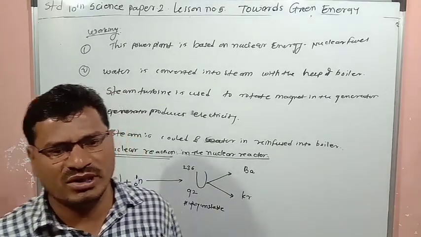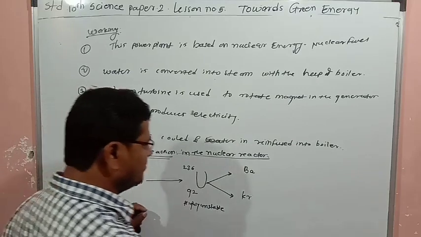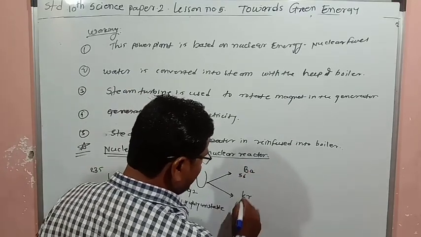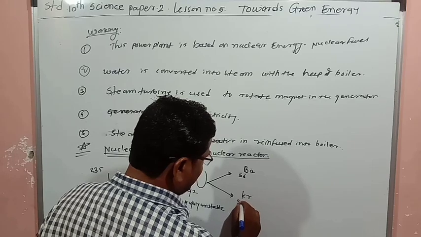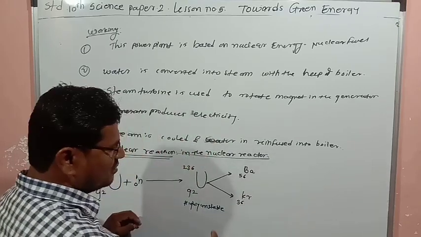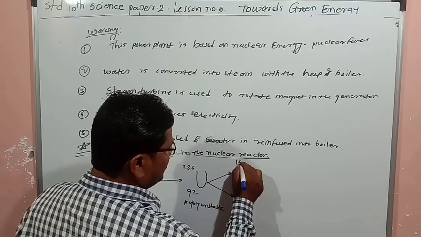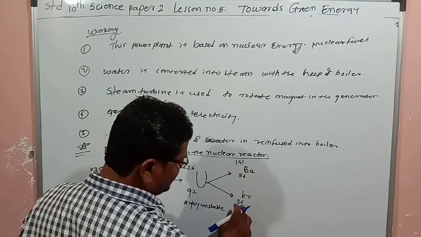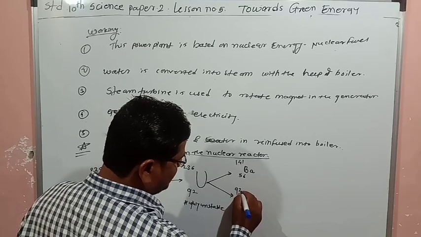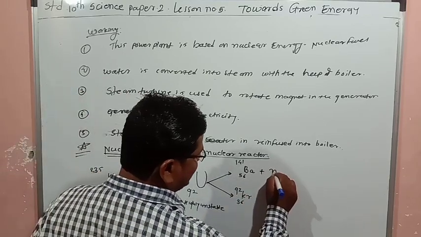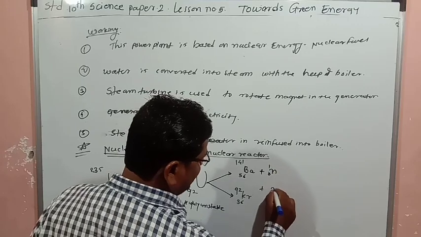In the case of barium, the atomic number is 56. In the case of krypton, the atomic number is 36. The atomic mass of barium is 141, and the atomic mass of krypton is 92, and 3 neutrons are produced.